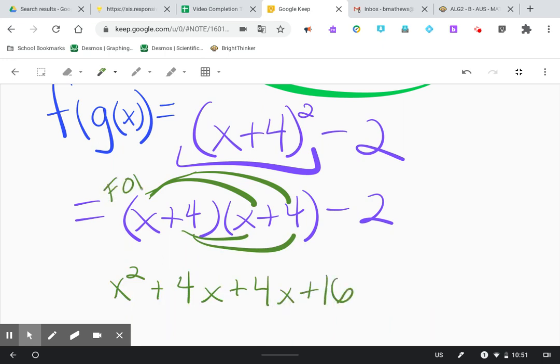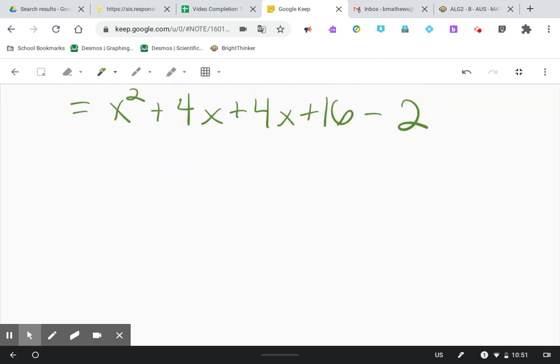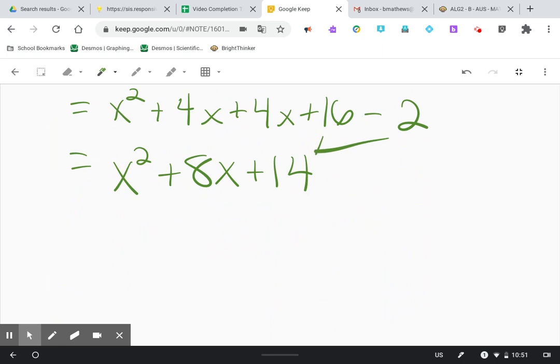That's all I'm doing here: first times first, outside, outside, inside, last. Minus 2. I'm just simplifying at this point. Then I get x squared plus 8x plus 14, because 16 minus 2 is 14. And so that would be f of g of x for that function.